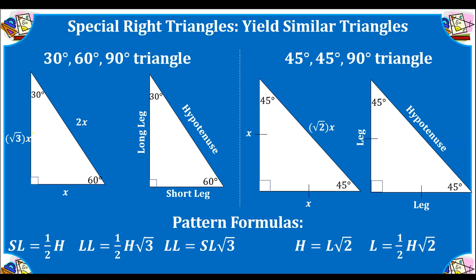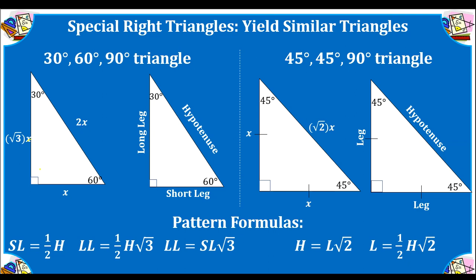This leg here, the square root of 3 times x, it is the middle length because 60 is the middle angle measurement. And then 90 degrees is our largest angle of this triangle. Therefore, this side, our hypotenuse, is the largest length of this triangle.